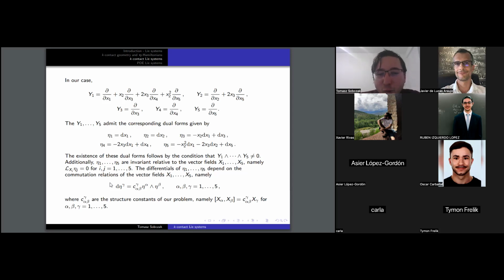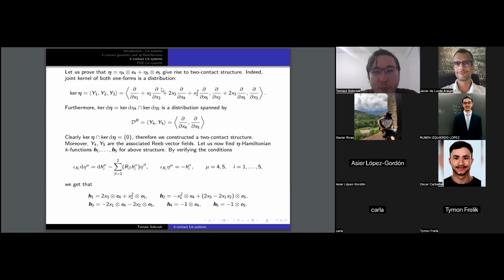We find their duals, and we can construct the K-contact structure using, for example, eta 4 and eta 5, using that the differentials of them do not vanish because the structure constants do not vanish for these differentials.